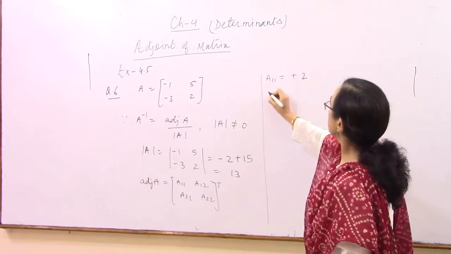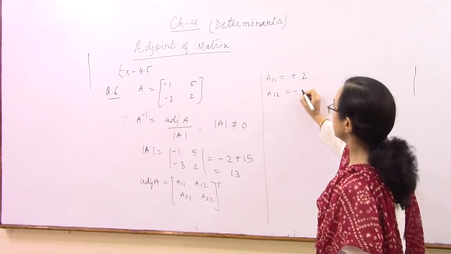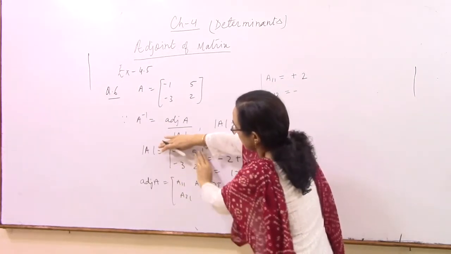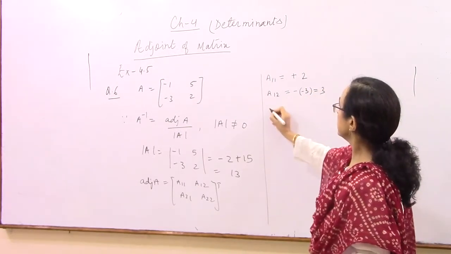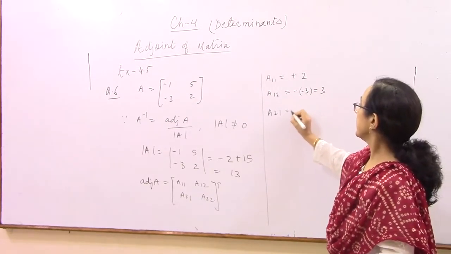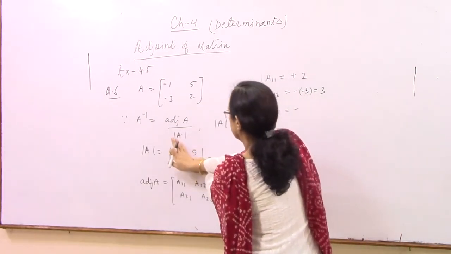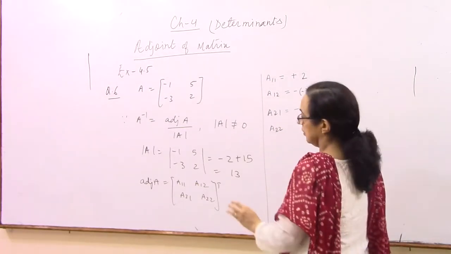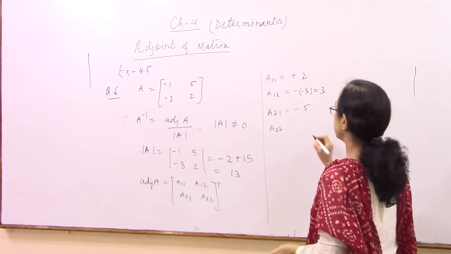So A11 is 2. A12, 1 plus 2, 3, so put minus sign, then 1, 2, that is cofactor of 5. Leaving this row and this column, we have -3, minus plus 3. Then A21, again 2 plus 1 is 3, 3 is an odd number, so put minus sign. Leaving this row and this column, we have 5. Now last A22, leaving this row and this column, we have -1.